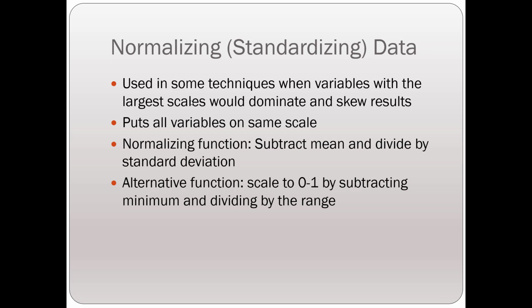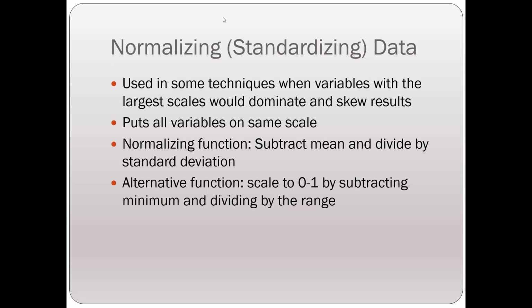There are a couple of different ways in which you can do the normalizing. They all use the same logic, which is that you want to put all the variables in the same scale generally. The first case is normalizing or standardizing. These terminologies are interchangeable. It is like computing a z-score. You take each value, subtract the mean x bar, and then divide by the standard deviation.